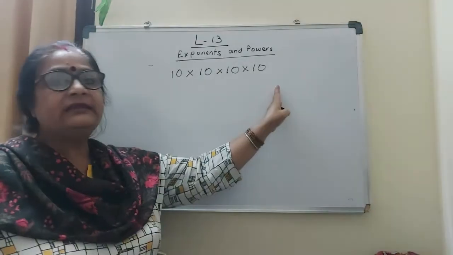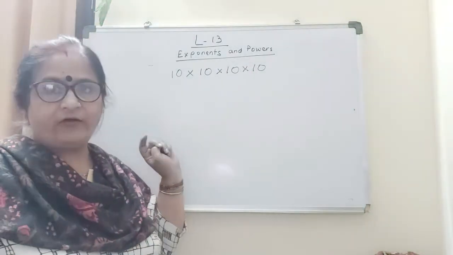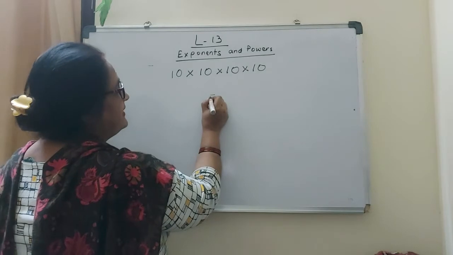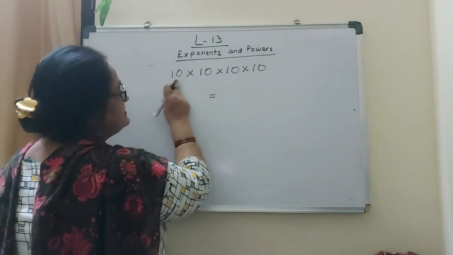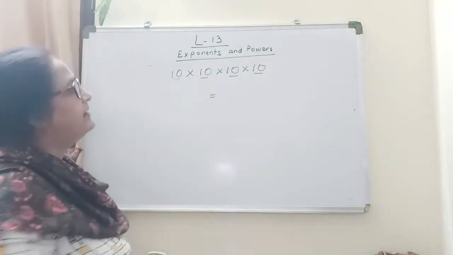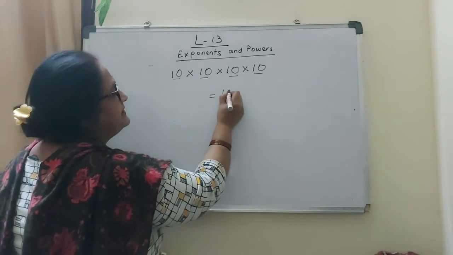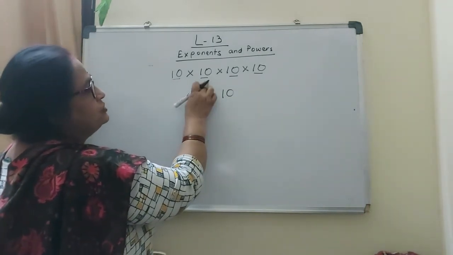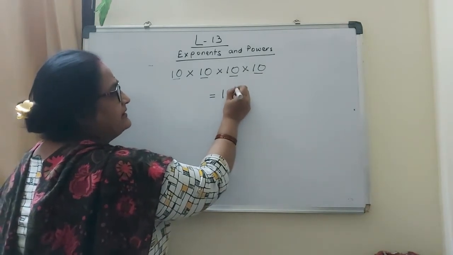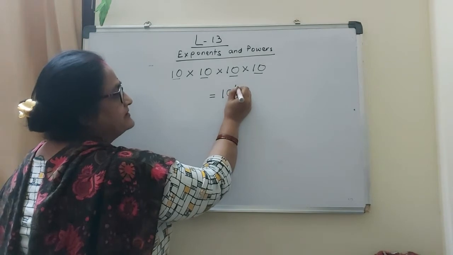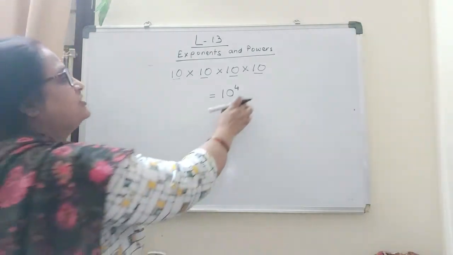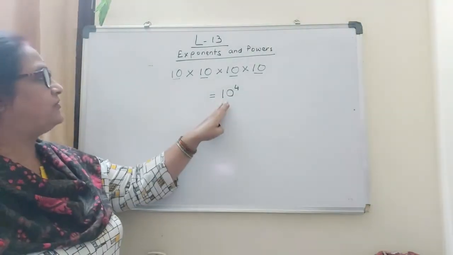Now this, writing it in this form, is exponential form. Now if I say this number 10, the number 10 is multiplied how many times? 1, 2, 3, 4 times. Number 10 is multiplied 4 times. So I write this number in a very short form.